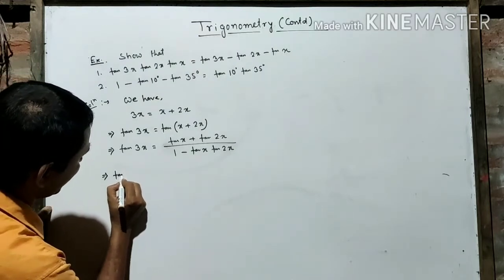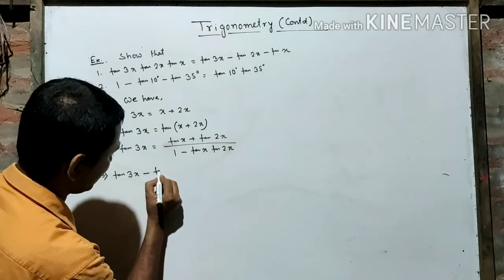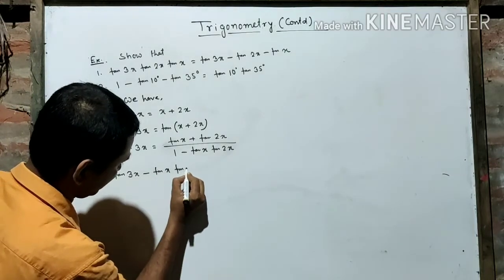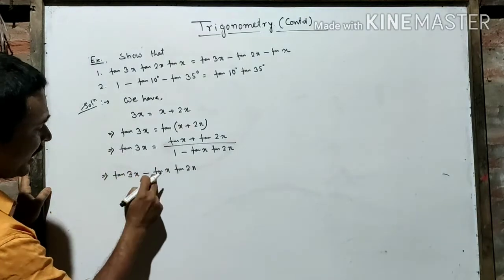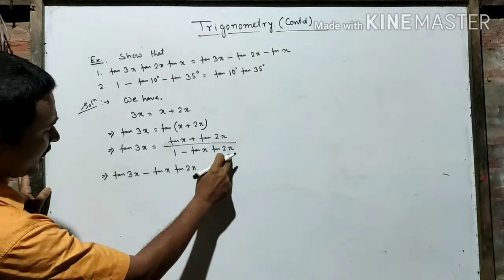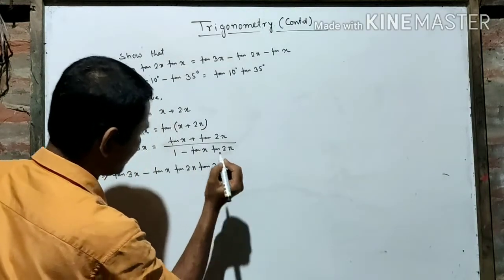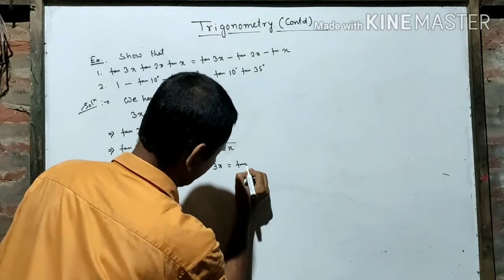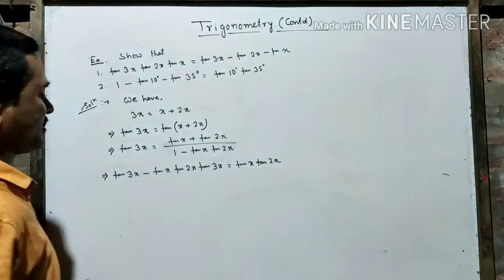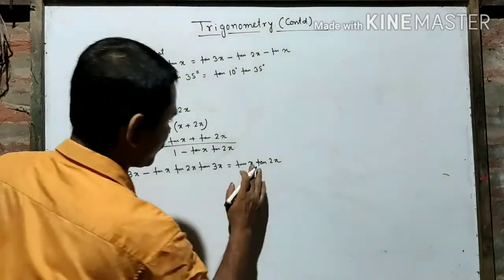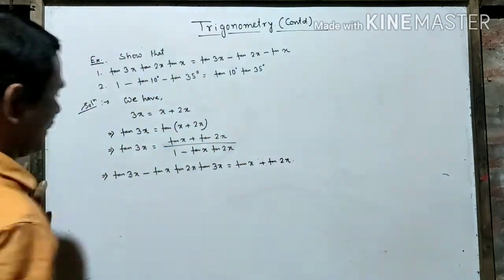Okay, approach is same for all of such type of questions. Minus tan x, tan thrice x into 1 is tan thrice x, then minus tan x into tan twice x into tan thrice x is equal to tan x plus tan twice x.